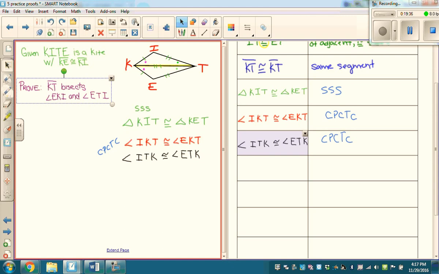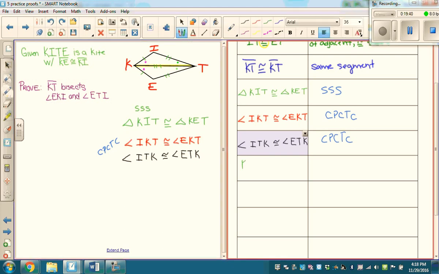No. So KT, the result is KT bisects angle EKI, and it also bisects angle ETI. And the reason comes from up here.